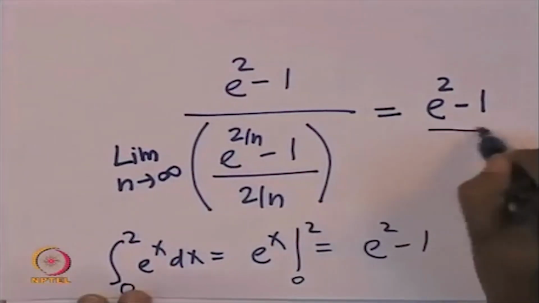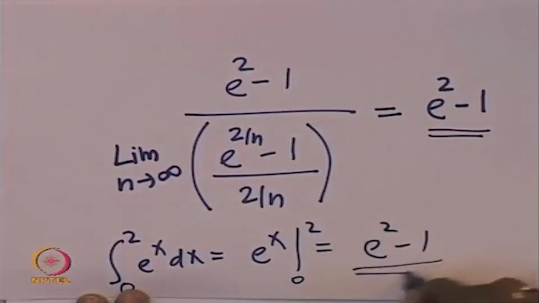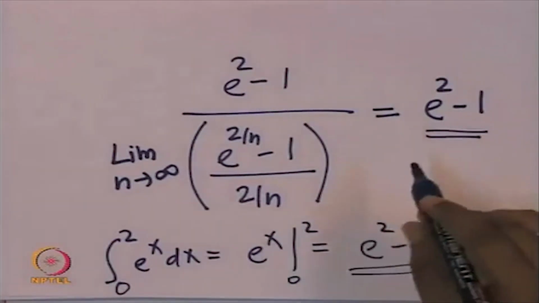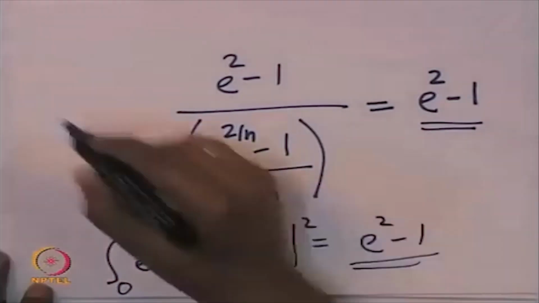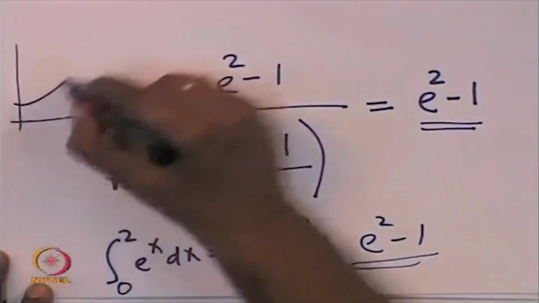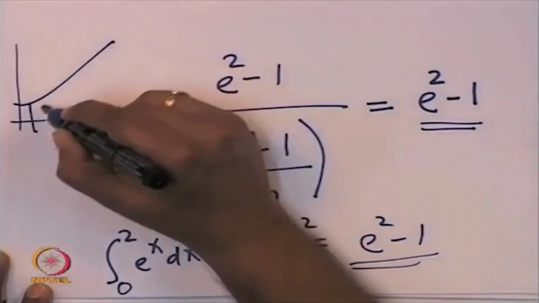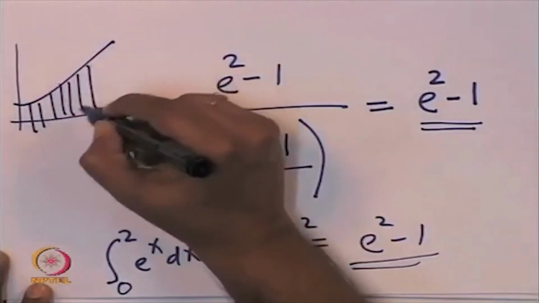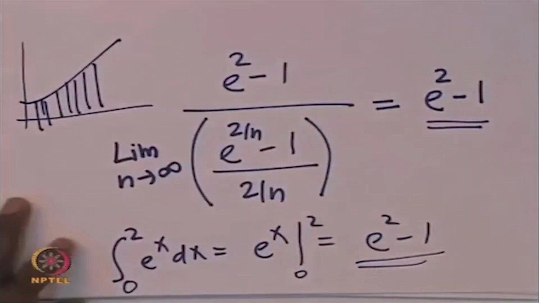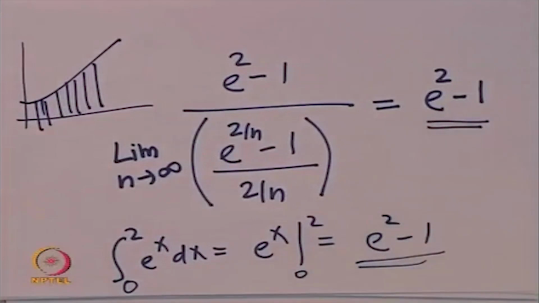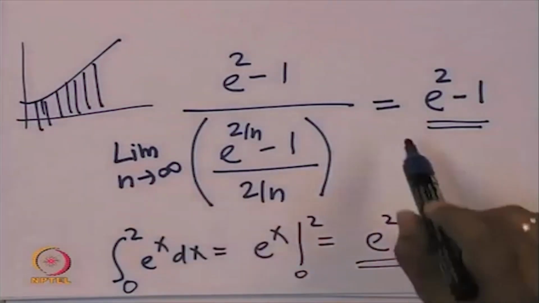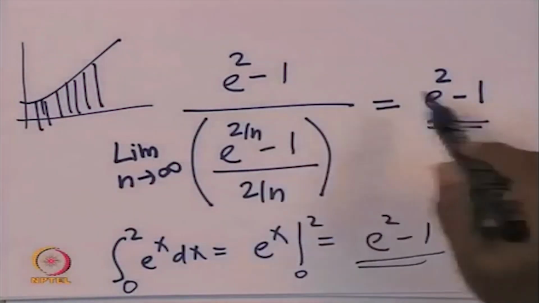We got e square minus 1, which is the area under the curve that we drew. We divided this area into many parts, found the area as a sum, and the answer is e square minus 1. So we found that if you sum up to infinity, you get exactly the same answer.